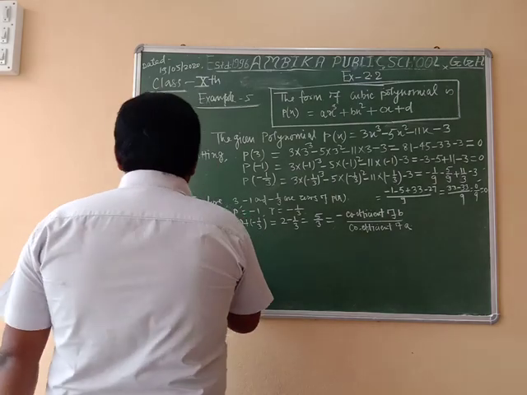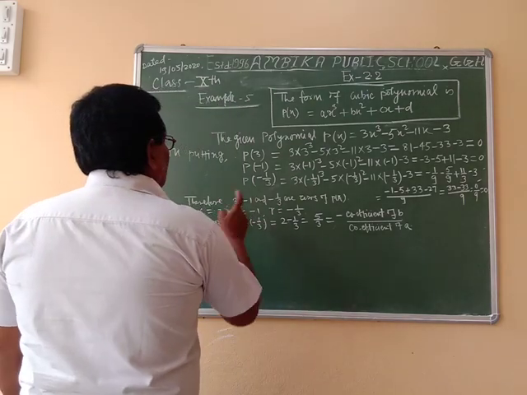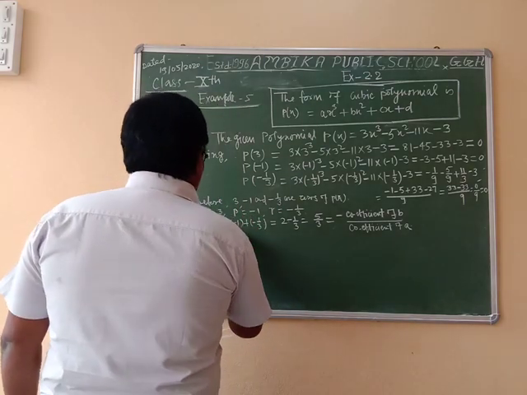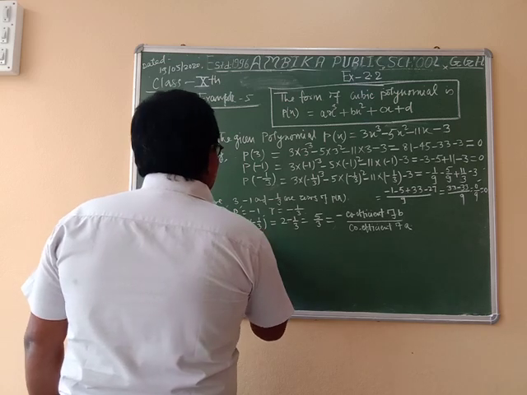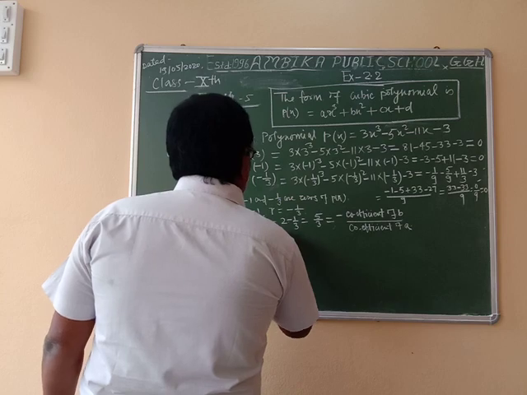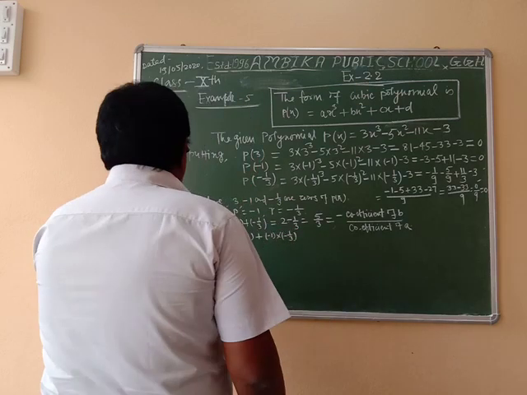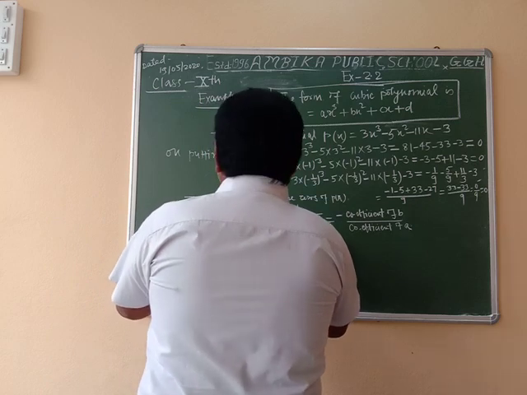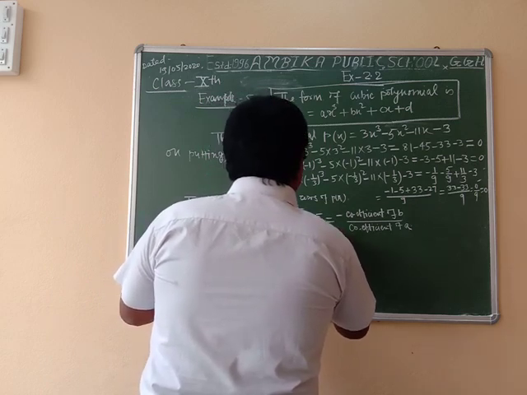Now putting the values of alpha, beta and gamma, alpha beta is equal to 3 into -1, plus beta gamma is equal to -1 into -1/3, and alpha gamma is equal to 3 into -1/3.